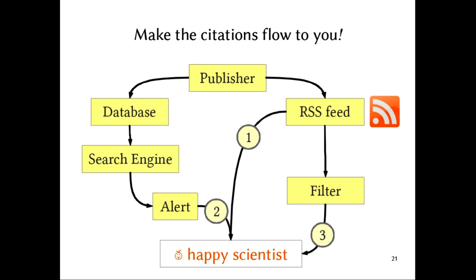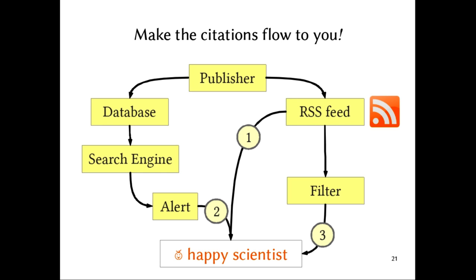And usually the databases traverse the web pages and then get all the information, metadata and articles in the form of PDFs. Then from these databases, I'm now going through this left branch. Search engines provide the results for you. Actually, you can set up an alert, and that will be the way to you, yourself, as a happy scientist.